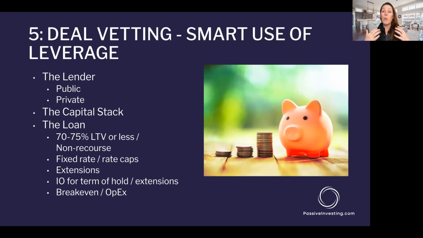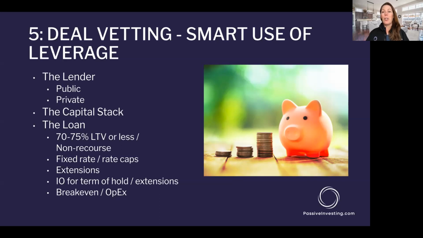You want to understand where you are in the capital stack and the risk if you decide to invest further away from the senior debt position, that you understand the risk of doing so. A lot of people are like, I want the big payday with equity, but they don't understand what that means in a 2 or 3 tranche deal. Okay. So understand, are you able to stomach the risk of investing in that position of the capital stack?